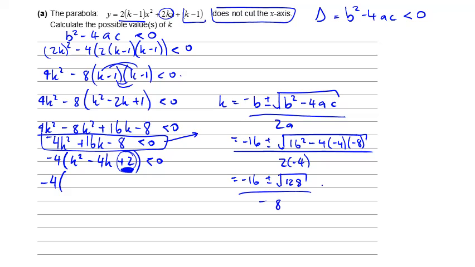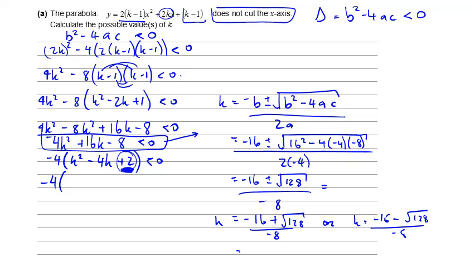And so that gives me two answers. K is negative 16 plus root 128 over negative 8, or K is negative 16 minus root 128 over negative 8. So I'll do that on my calculator.